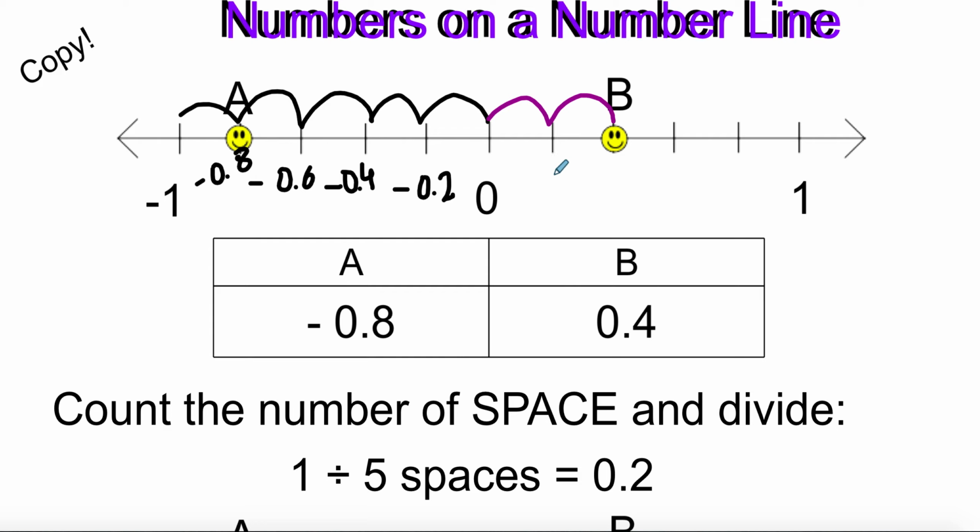So it's going to be 0.4, because we have the same intervals of 0.2. As you see, there are the same intervals. Since it's 0.2, 0.4, it goes like this.